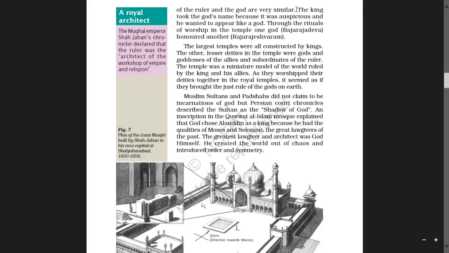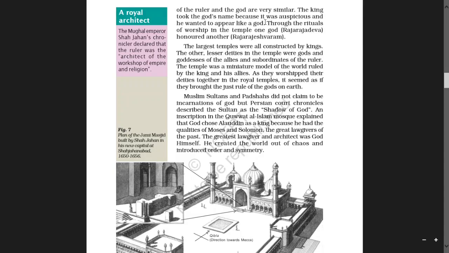See, the ruler and the god are very similar. The name of the god and the name of the ruler is very similar. Here the king took the god's name because it was auspicious and he wanted to appear like a god.